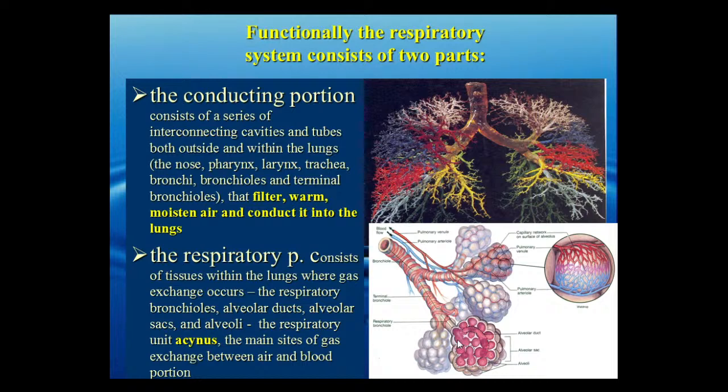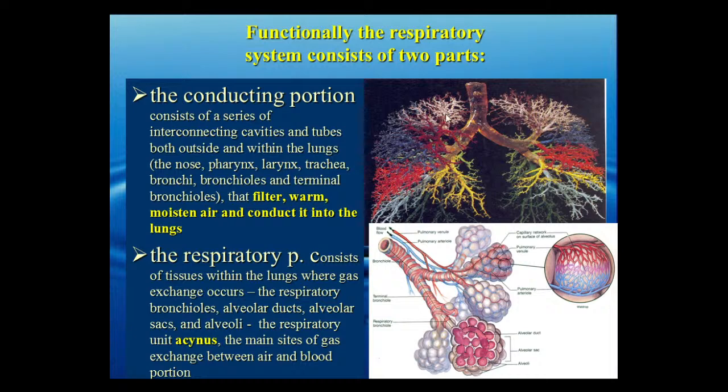And all these structures which are located on one respiratory bronchiole are a structural and functional, or respiratory, unit, which we call acinus. It's the main site of gas exchange between air and the blood.